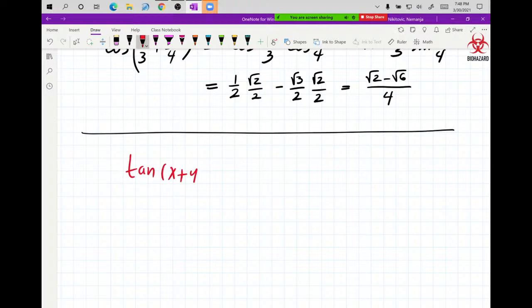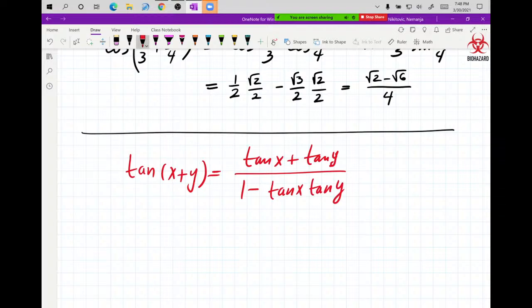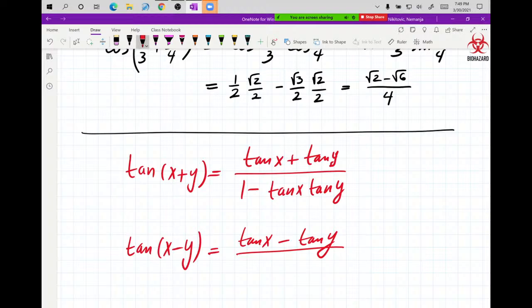Tangent of x plus y is tangent x plus tangent y divided by 1 minus tangent x tangent y. And tangent of x minus y is tangent x minus tangent y divided by 1 plus tangent x tangent y.